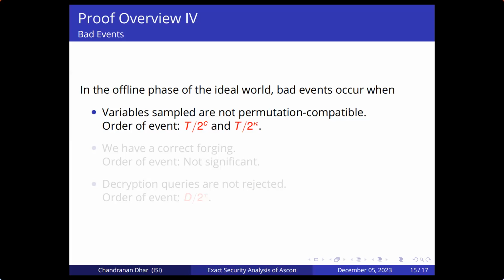So whenever we use a random extension, there is a possibility that the variables that we sampled are not permutation compatible. We show that the order of these events are t by 2 to the c and t by 2 to the kappa. And we also have a bad event when there is a correct forging, but the order of this event is not significant in our analysis.